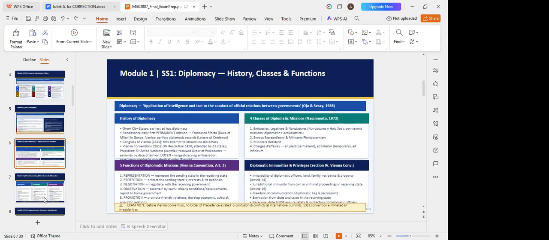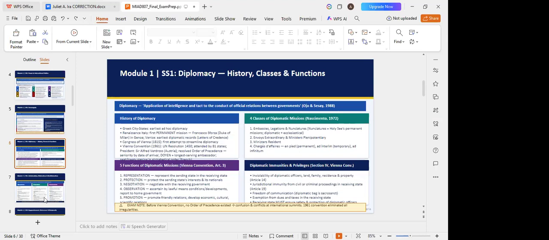Then the chargé d'affaires, a French word, is known as the assistant ambassador. They are placed sometimes on an interim basis, in case there is no ambassador in the country. The chargé d'affaires can represent the country till we send an ambassador.